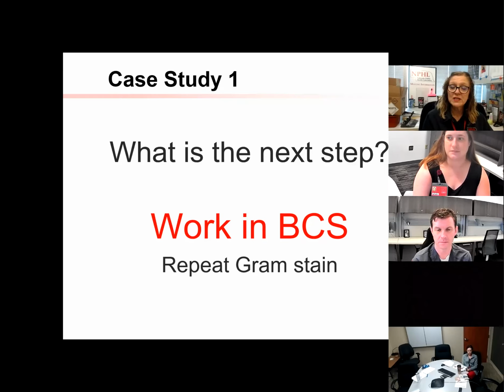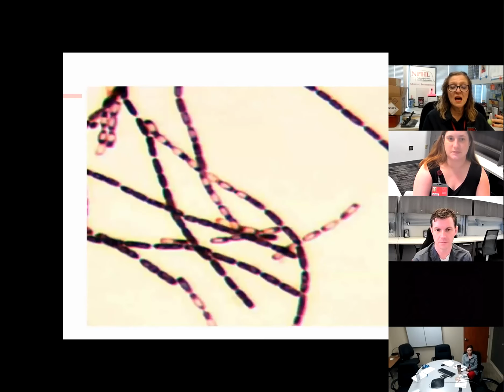More than likely, you'll want to repeat the gram stain. And when you repeat, it's not going to look the same as you saw in the direct gram stain. It might look like this, where it's gram positive, or it might be gram variable because it's starting to decolorize.